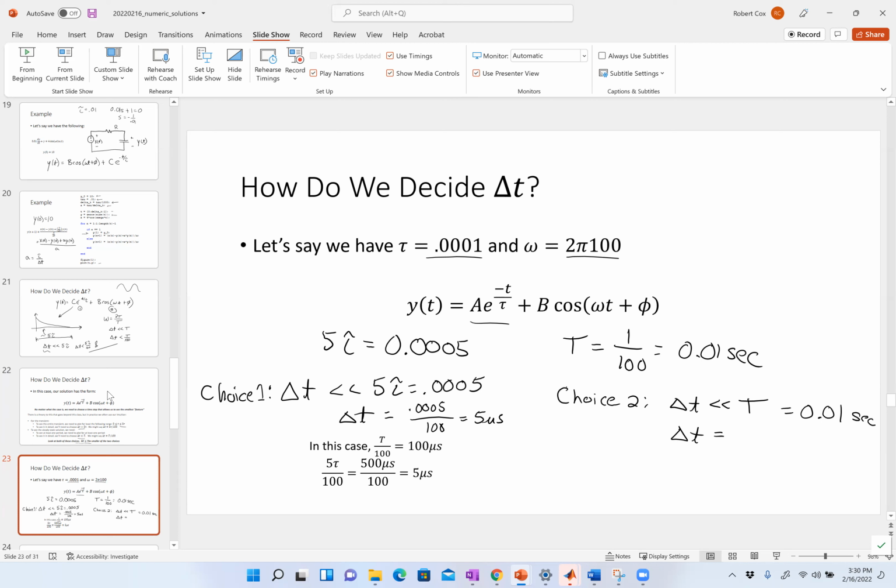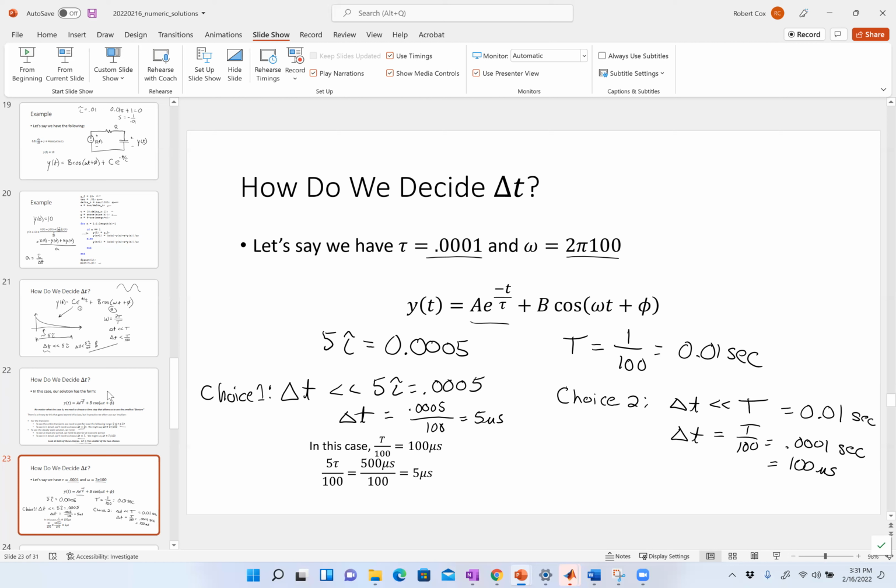If I go by that 100 choice, T divided by 100, what's that in this case? 0.01 divided by 100 is 0.0001 seconds, or 100 microseconds. In other words, to see the cosine clearly, my steps have to be at least 100 microseconds.